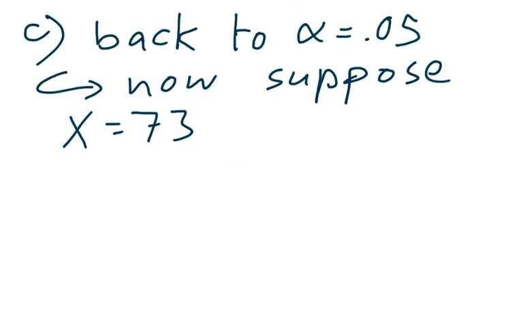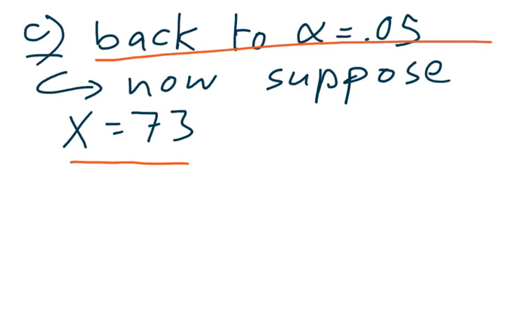Okay, now I'm calling it C here. In this third variation, we're going to switch back to our standard level of alpha, the standard significance level of 5%. But this time, we're going to suppose that x equals 73.